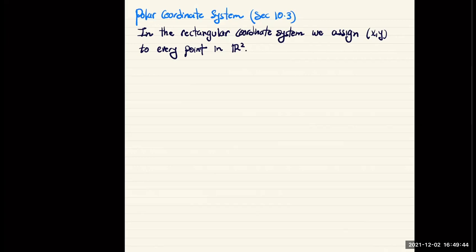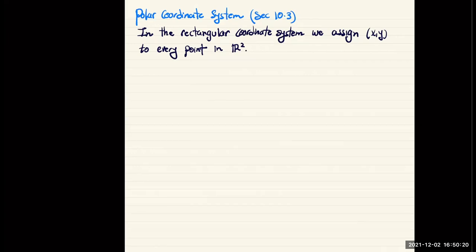Xy is good if you're in a flat space, but if the surface is not a flat plane, like the surface of a sphere or a cylinder, then doing Cartesian work is not easy at all. So people came up with a different coordinate system. It's called a polar coordinate system, where we don't address a point using xy anymore.